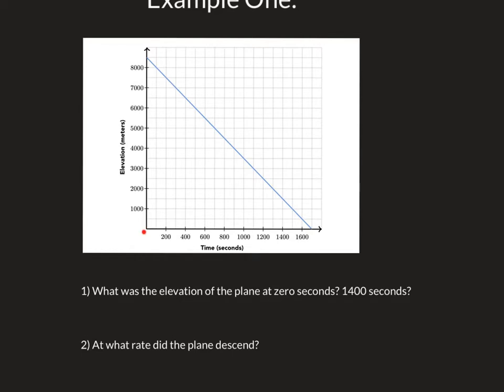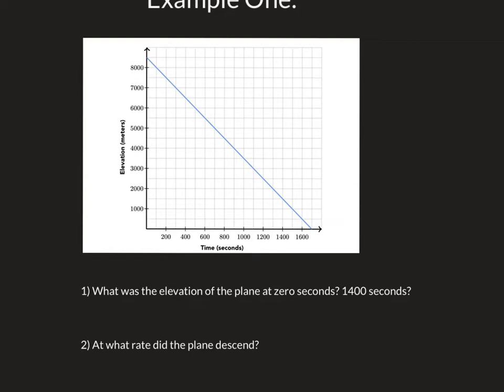I'm hoping what you noticed is that every 2 blocks, we go up 1,000. So every 1 block, we'd go up half of 1,000, so we'd go up 500. So from here, we have 8,000, and then we go up 1 more block. So 8,000 plus 500 is 8,500. So for the first part of this question, we found an answer.